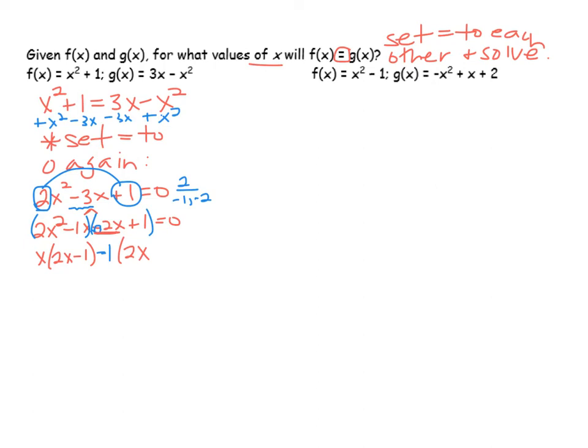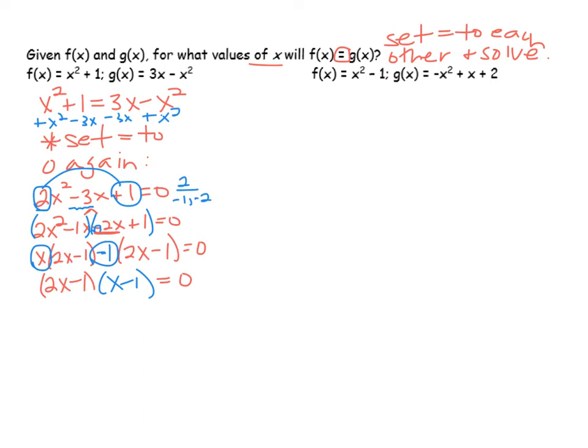And if you factor negative 1 out of positive 1, you'd get negative 1 left over. Notice the parentheses match, so at least we're in good shape there. 2x minus 1 is one factor. And then the parts on the outside, x minus 1, make up the other factor.